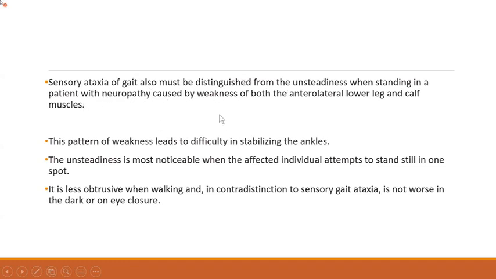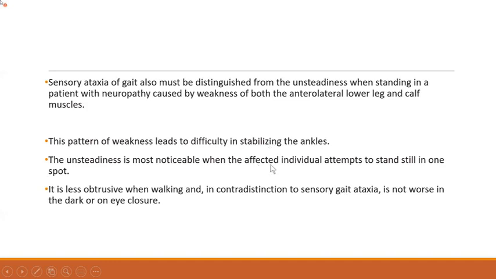This difficulty standing in one place, with the need to move the limbs continuously, is due to weakness of both the anterolateral lower leg and calf muscles and destabilization at the ankles. So the patient feels that he is going to fall, and in that attempt, he moves his feet continuously. While this is not the case in sensory ataxia. And this will not worsen in the dark or with eye closure, and when the patient starts walking, it will disappear.